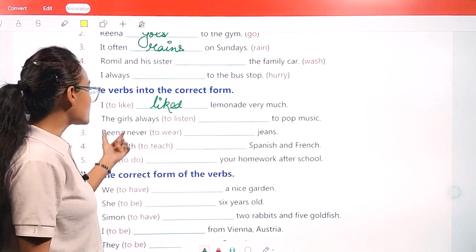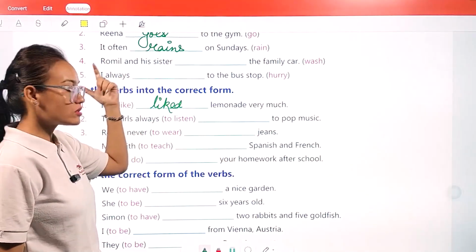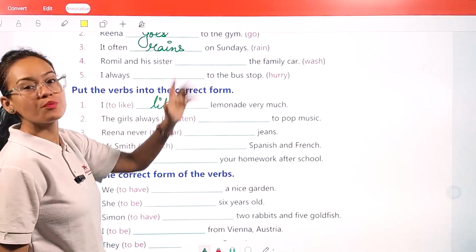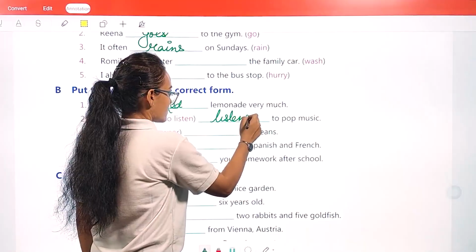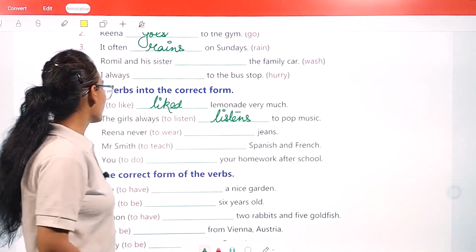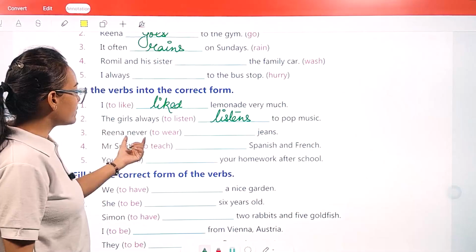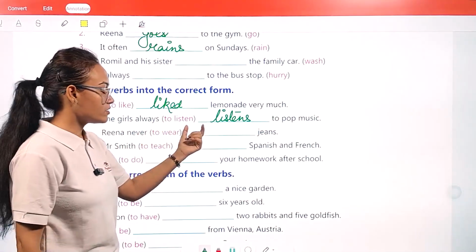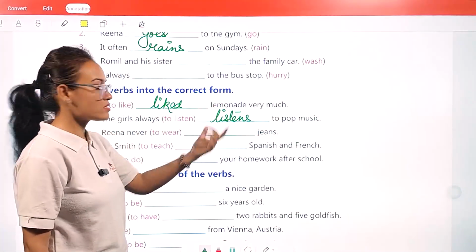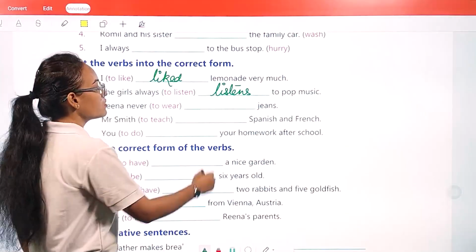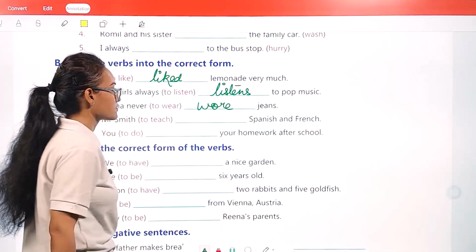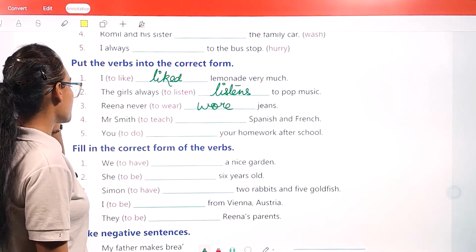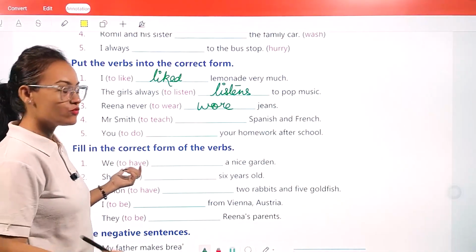No, the girls always listen to pop music. The third one, Reena never dash jeans. So Reena never wore jeans. Okay, 4 and 5 you are going to do on your own.